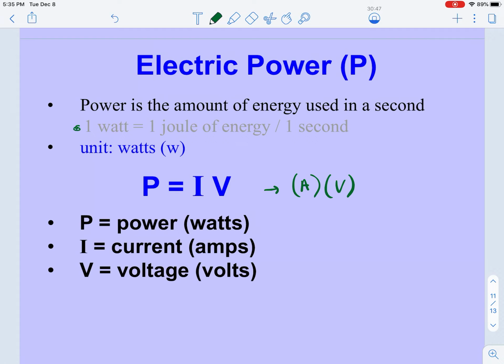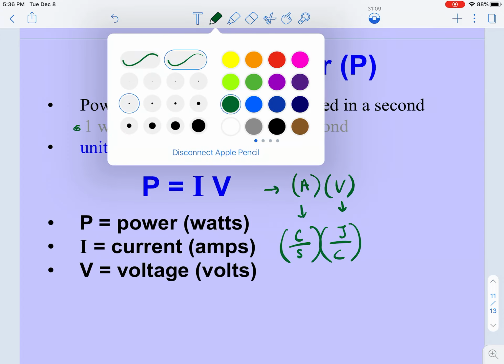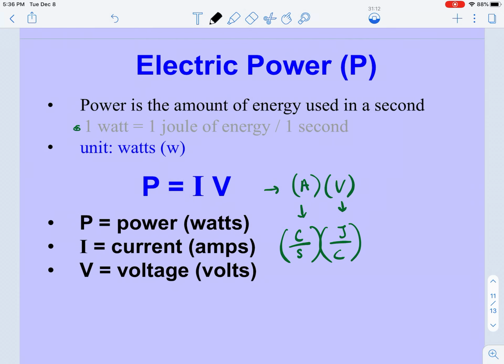We have current, which is going to be amps, times voltage, which is volts. And if you recall from the notes earlier, we said that current is the ratio of coulombs per second, and we said that voltage is the ratio of joules per coulomb.